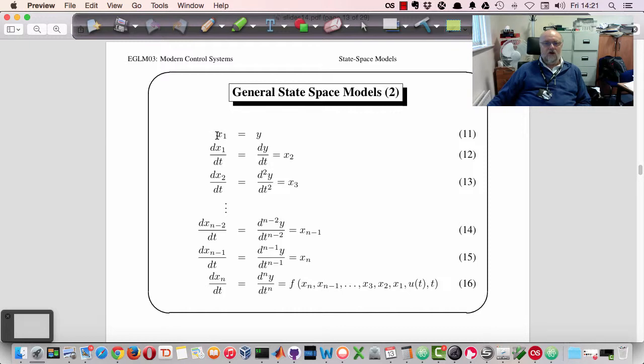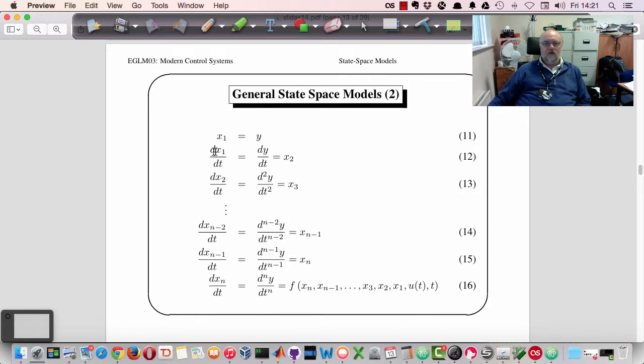In general, the simplest way to do this is to define x1 to be y. So the derivative of x1 is dy/dt, which is x2, and the derivative of x2, d2y/dt squared, is equal to x3, and so on, down to dx(n-1)/dt, which is d^(n-1)y/dt^(n-1), equal to xn, and then the final equation, dxn/dt, or xn dot, is the actual function, the original function.